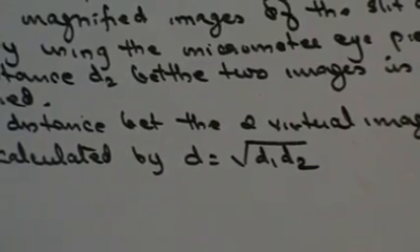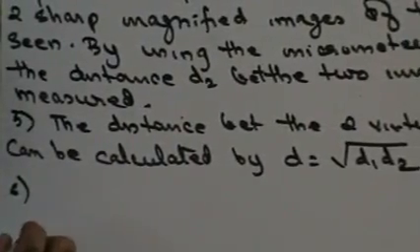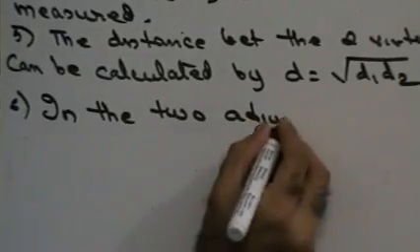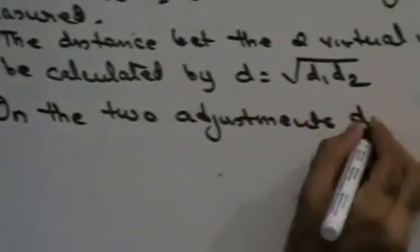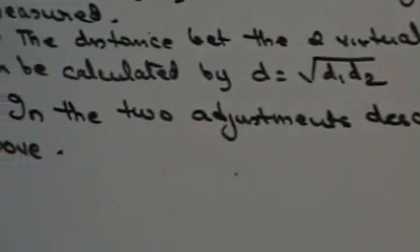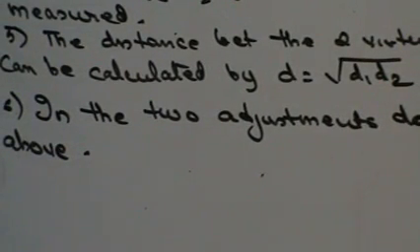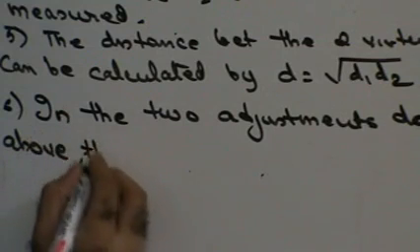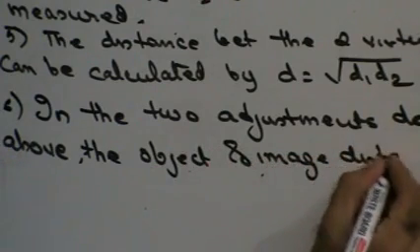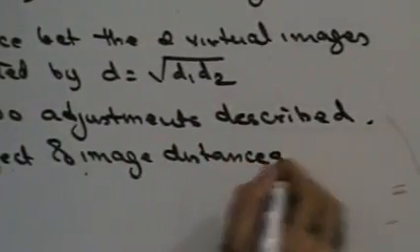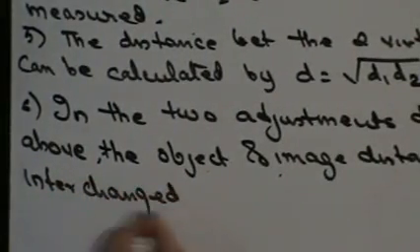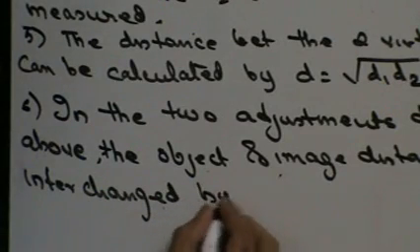Now in the two adjustments described above, the object and image distances get interchanged by the property of conjugate foci.